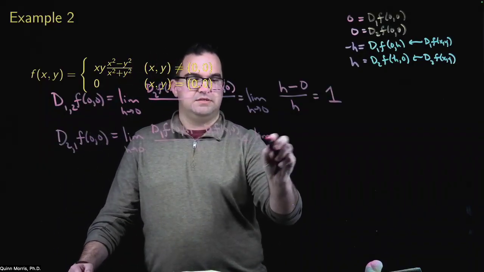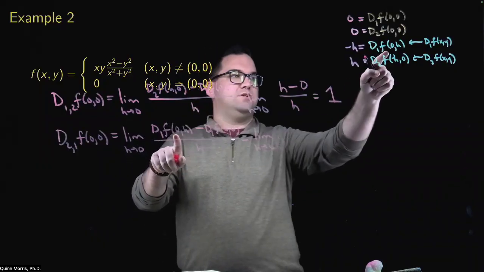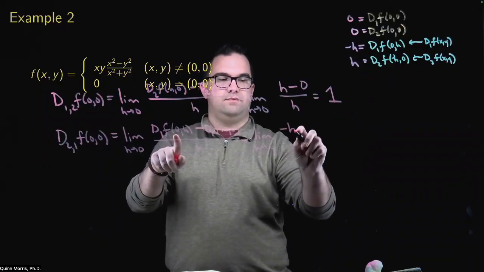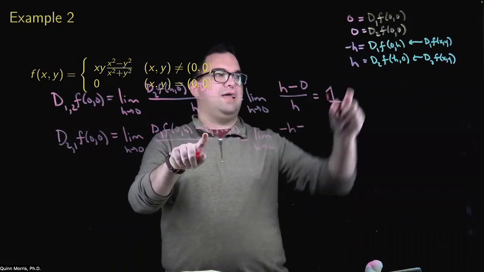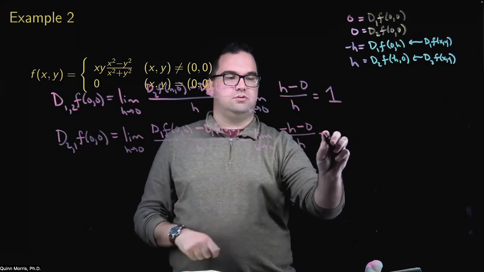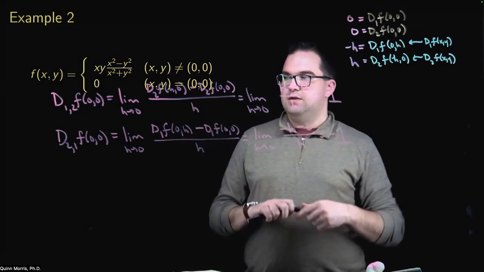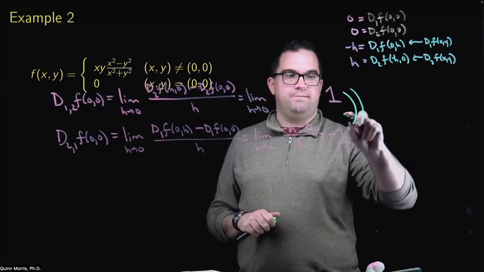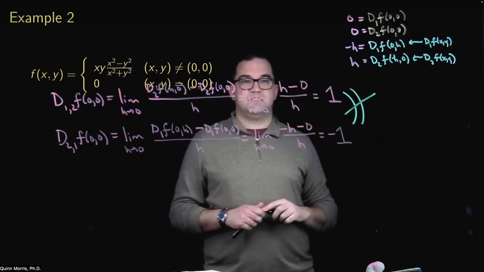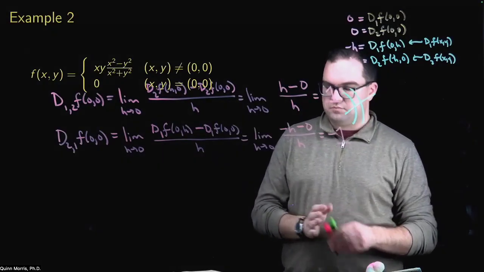And well, we know what all those pieces again are. d1 f of 0, h, that's minus h, minus d1 f of 0, 0, that's just 0, all over h. This is just negative 1. And so we see here that the mixed partials are not, in fact, equal to one another. Okay.